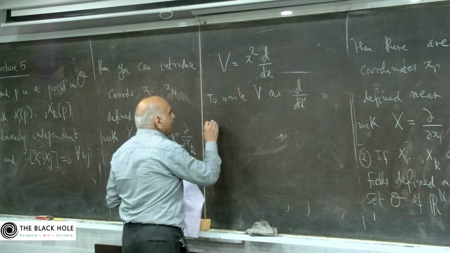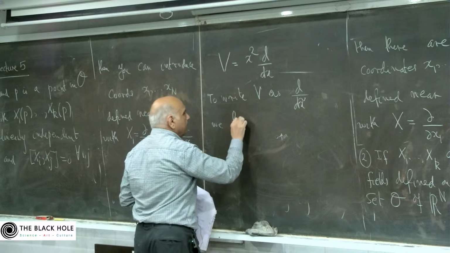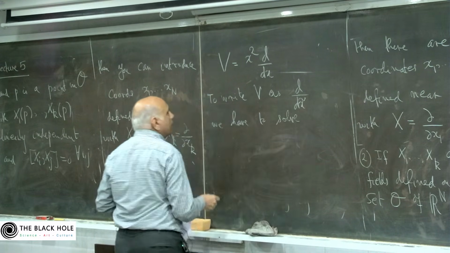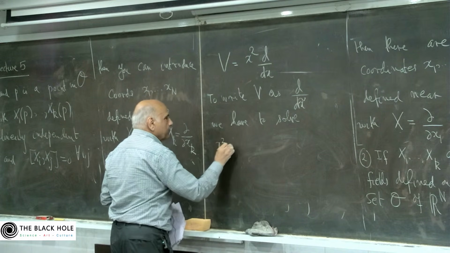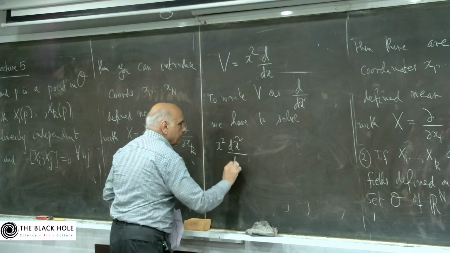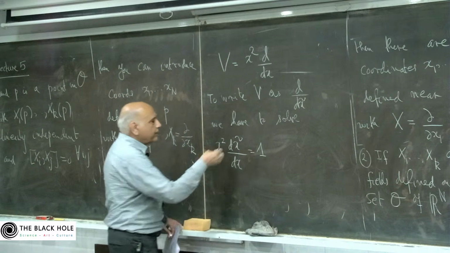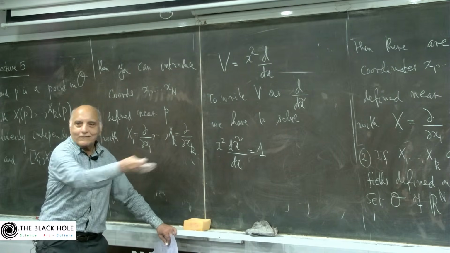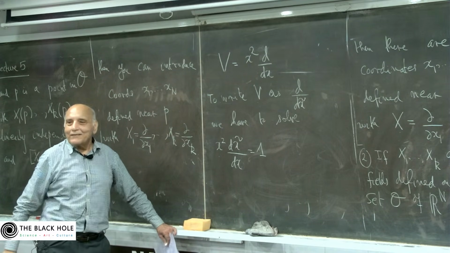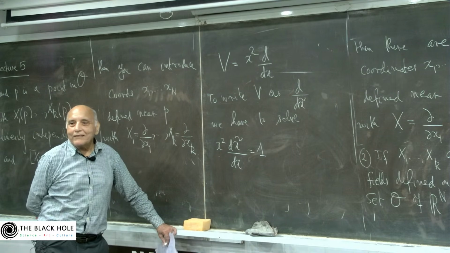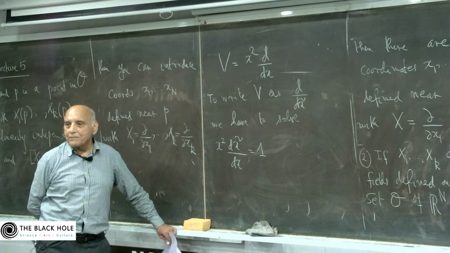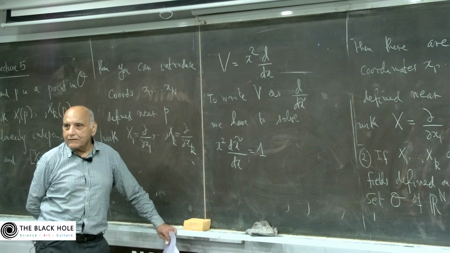So we have to solve x square dx tilde by dx equal to 1. So what is x tilde from here? dx tilde by dx is equal to 1 over x square. What is the integral of 1 over x square? Minus 1 over x.